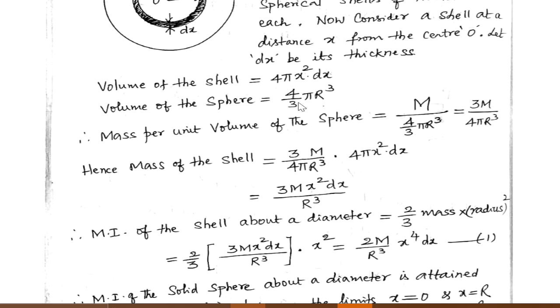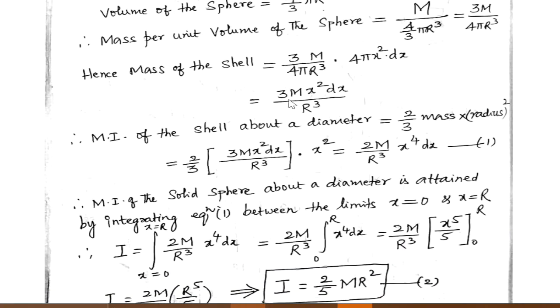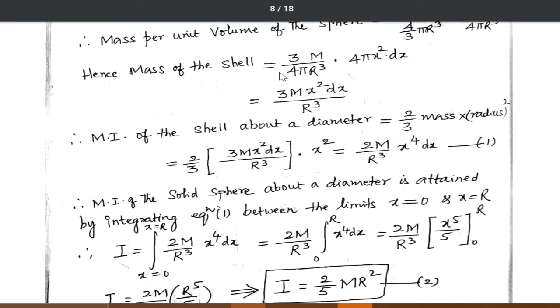Volume of the whole sphere is 4 by 3 pi r cube. Therefore, mass per unit volume of the sphere is mass divided by volume, m divided by 4 by 3 pi r cube, which is 3m divided by 4 pi r cube.